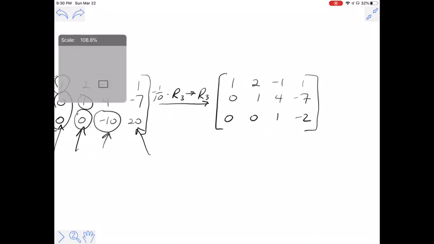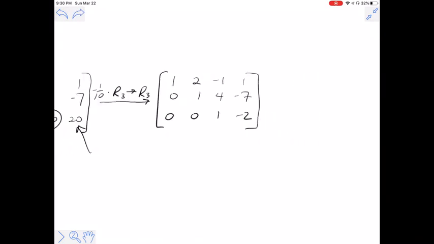Once it's in row echelon form, we stop using Gaussian, well, the whole process is called Gaussian Elimination, but we can stop using row operations and start to backward substitute, because now this bottom row represents an equation. There's no x variable, there's no y variable, but there is z, and it equals negative 2.